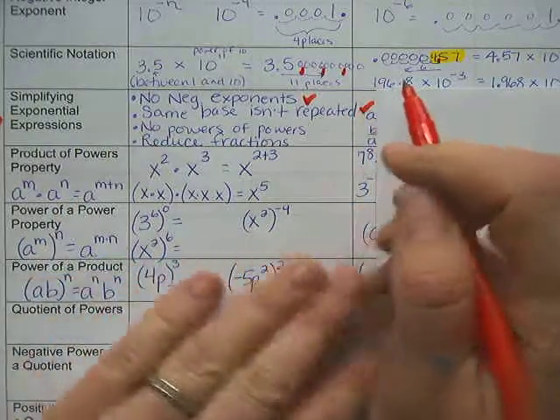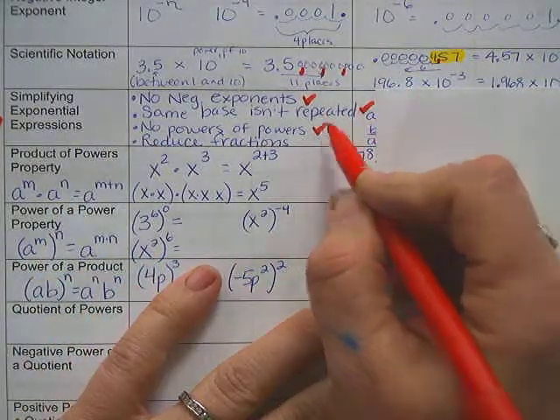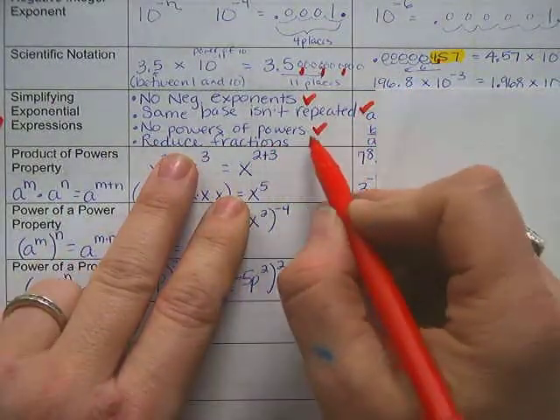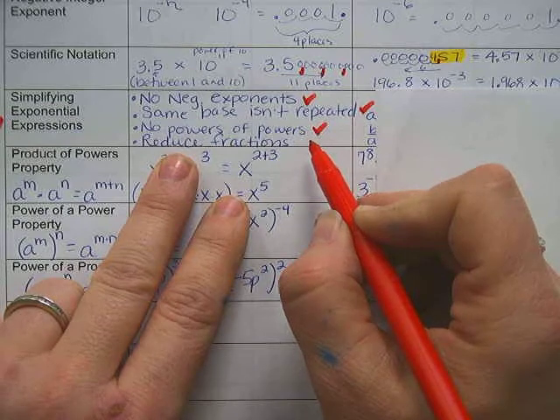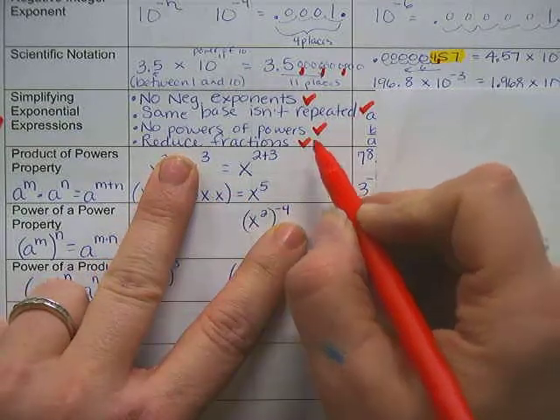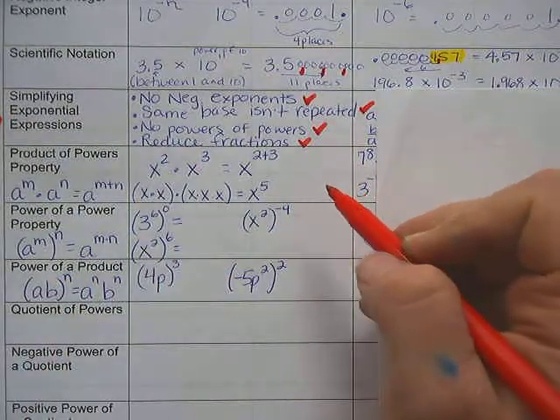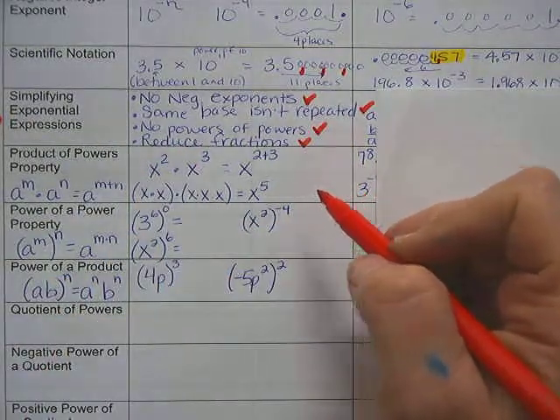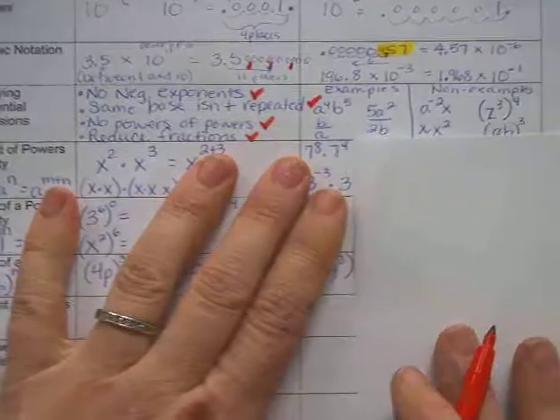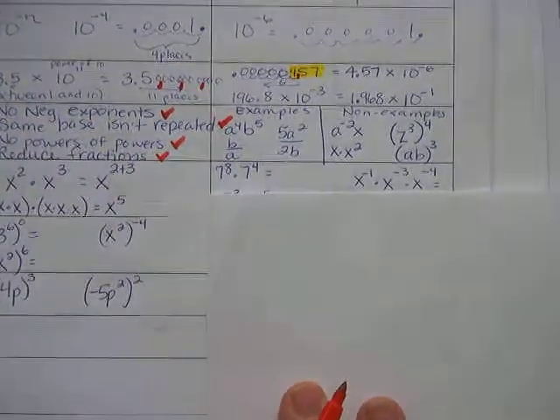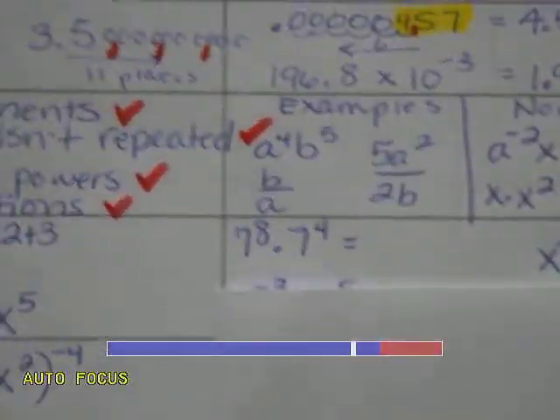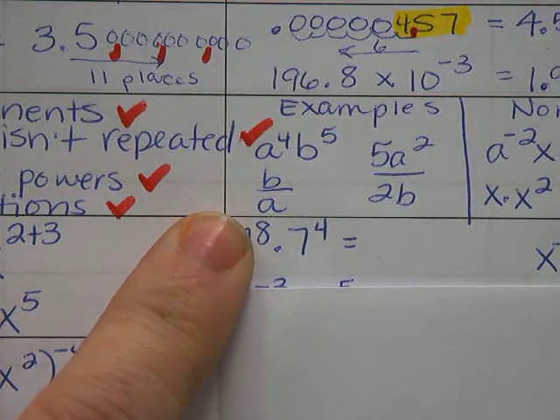You can't have any powers of powers, and you'll understand after today's lesson what a power of a power means. And anytime you've got fractional coefficients, you have to make sure those are reduced. So those are just a couple of the rules. If you'll take a minute to copy down the examples and the non-examples.